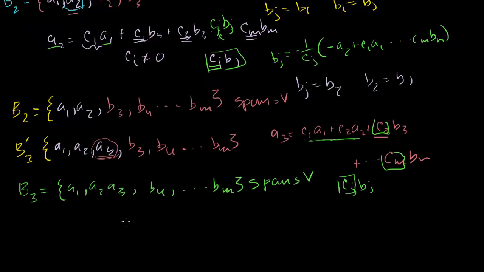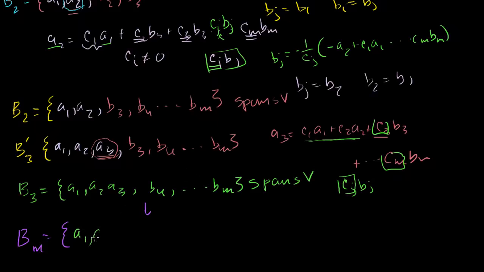So what's going to happen eventually? What's going to happen if I keep doing this process over and over and over again? Eventually, I'll essentially replace all of the b terms, right? So eventually, I'll have a set that looks like this. I will have replaced each of these guys with an a.